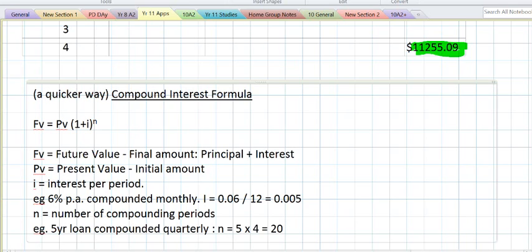Alright, I'm going to write this equation on the whiteboard and then we're going to go up and check our table work using the equation. Future value equals present value multiplied by 1 plus I to the n.